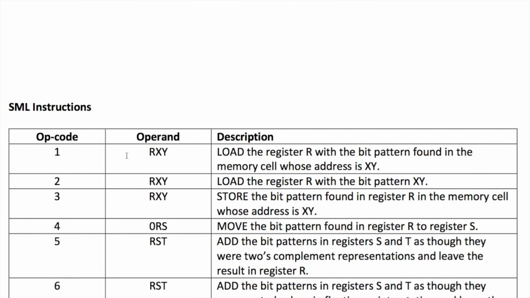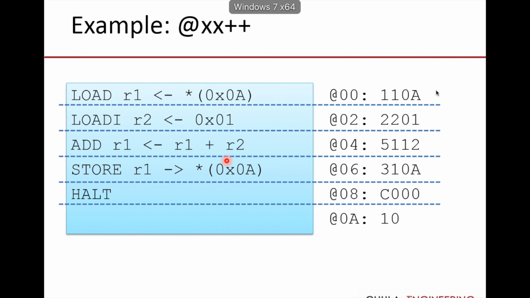Opcode 1 is load register with the content from the memory with address XY. So the operand pattern is RXY. In this case, 10A means we will load the content from memory address 0A and put it in register 1. So this is how we can show it.